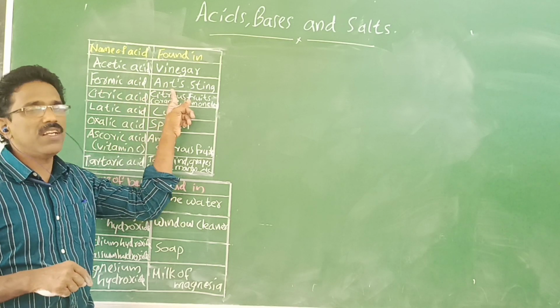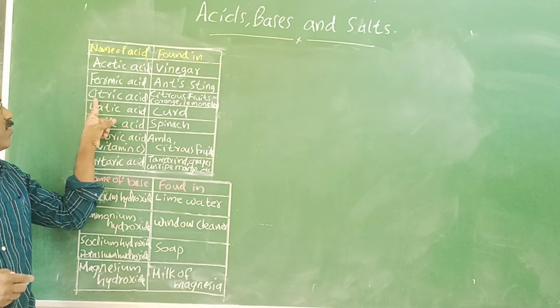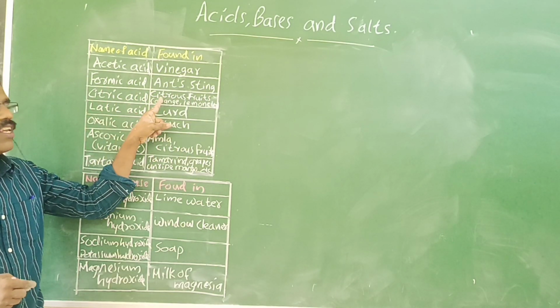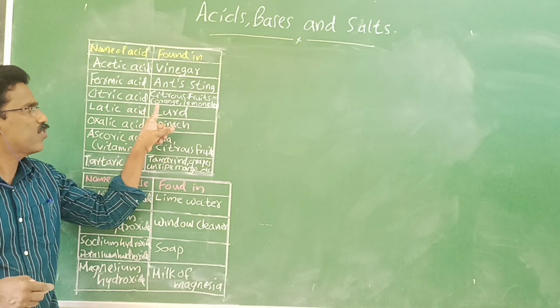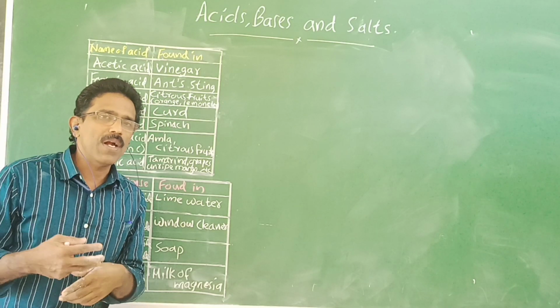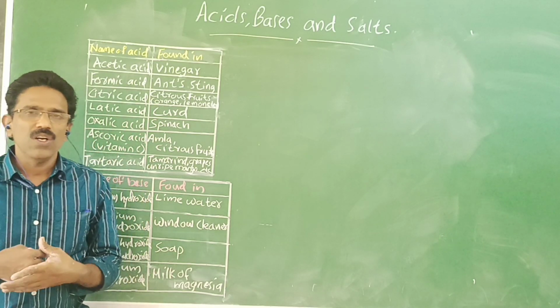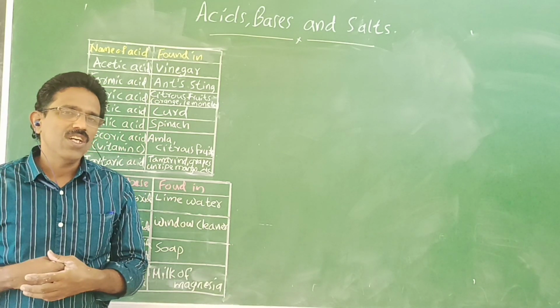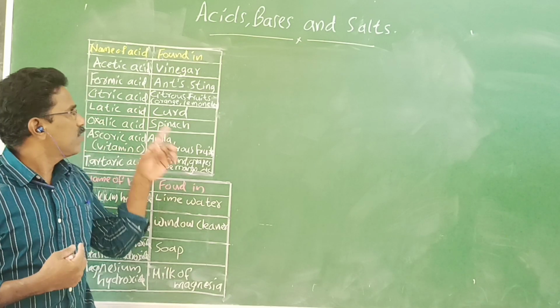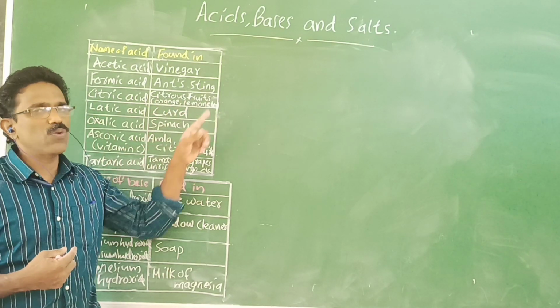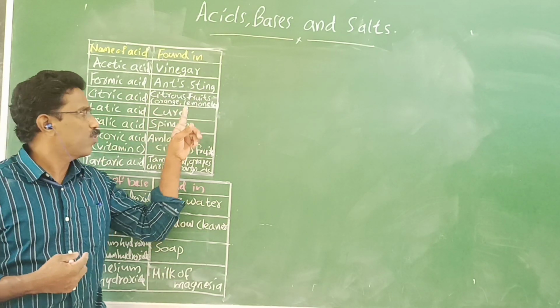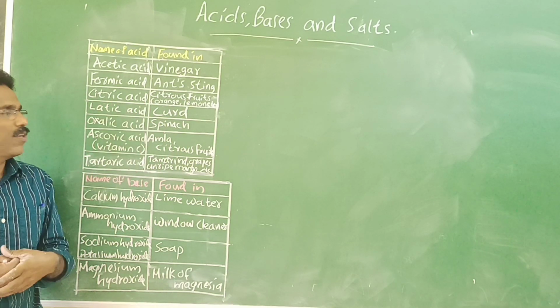Next is citric acid. Citric acid is present in citrus fruits like oranges, lemon, musambi, etc.